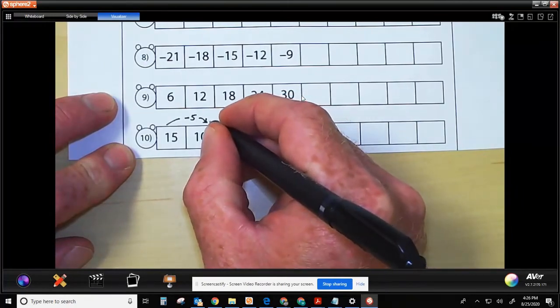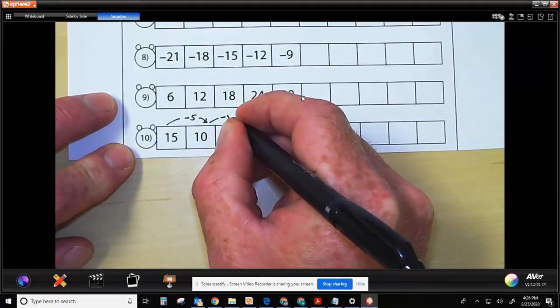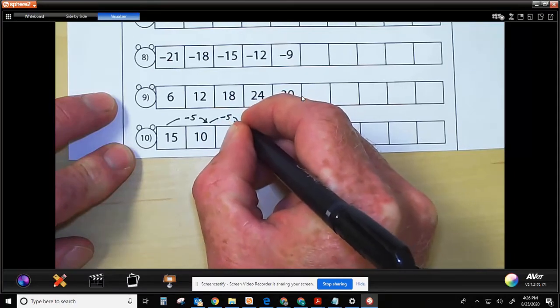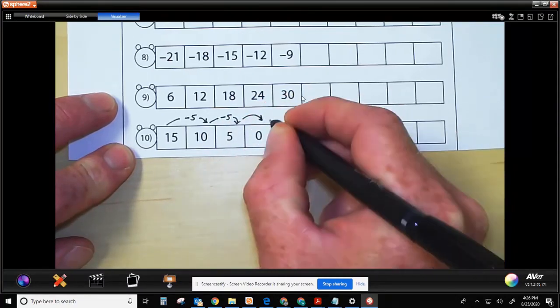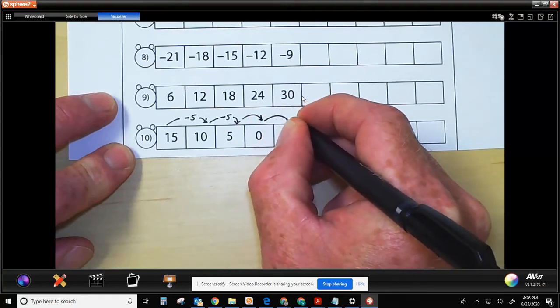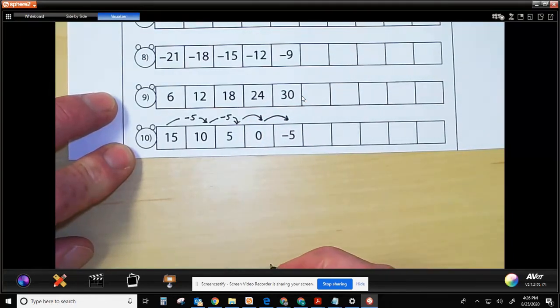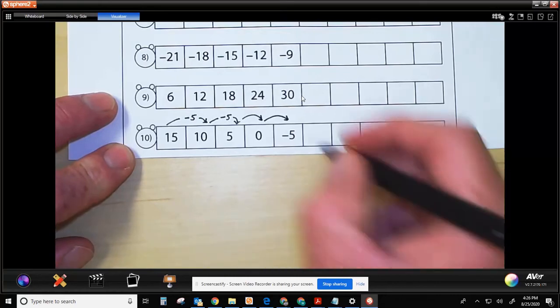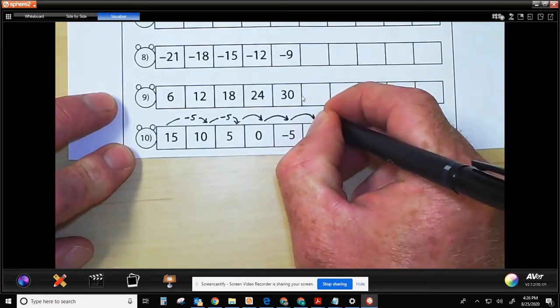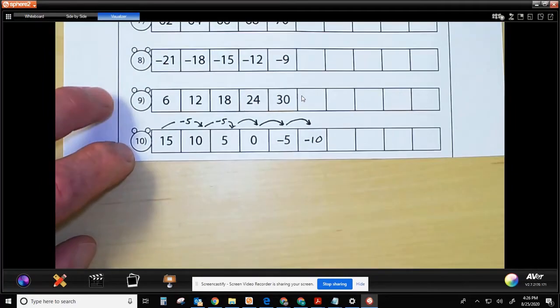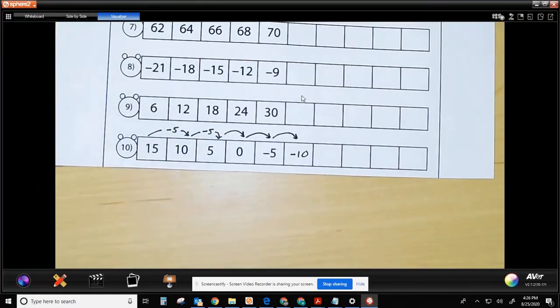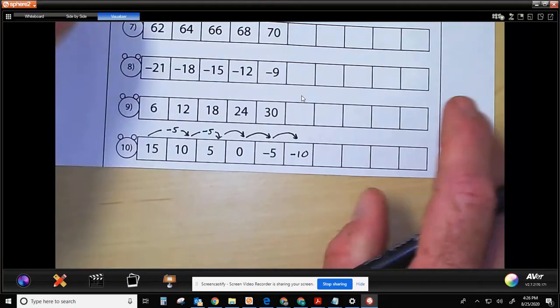Is it the same pattern? It is. Minus 5. Take away 5, you get to 0. Take away 5 from 0, you get the negative numbers. You get negative 5. Take away another 5, negative 10.